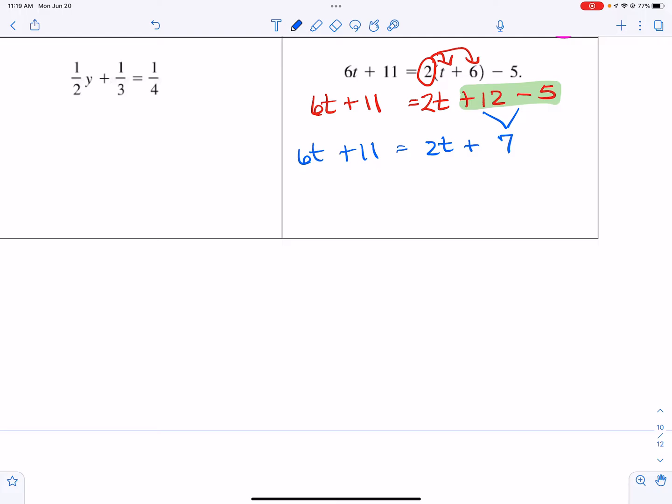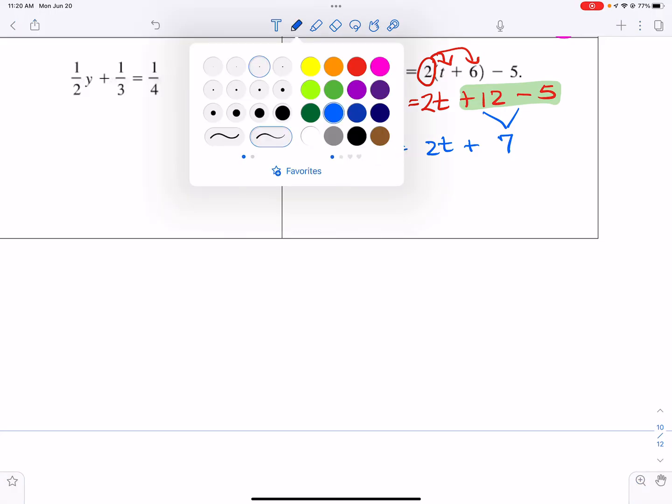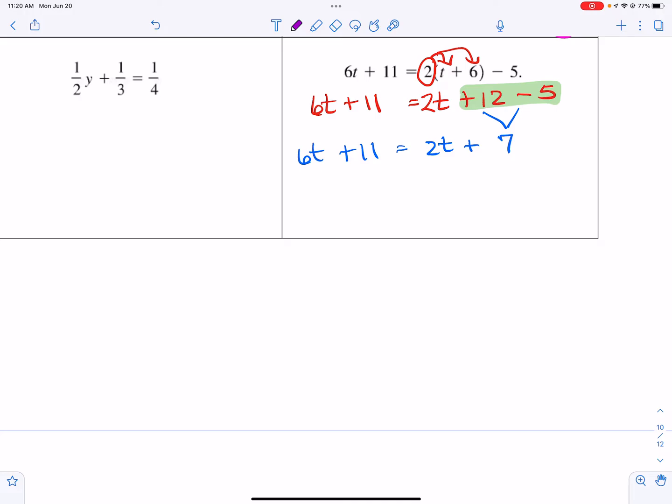At this point, we need to move the t over to one side or the other, and then whatever side we establish for the variable, we have to move the numbers. I always recommend that you move the variable that has the smallest coefficient. It doesn't matter, but that's just what I recommend. So I'm going to move the 2t. And 2t is positive right now.